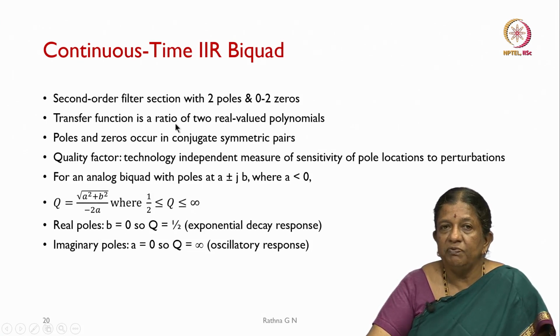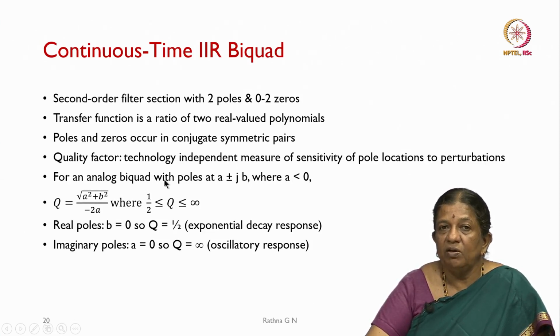The transfer function is a ratio of 2 real valued polynomials, and the poles and zeros occur in conjugate symmetric pairs. We define the quality factor, a technology independent measure of the sensitivity of our pole locations to perturbations.